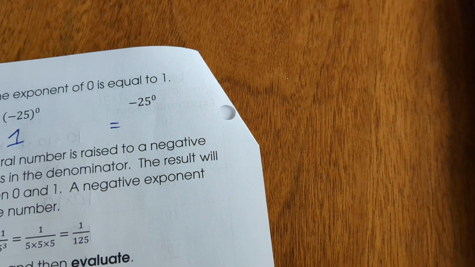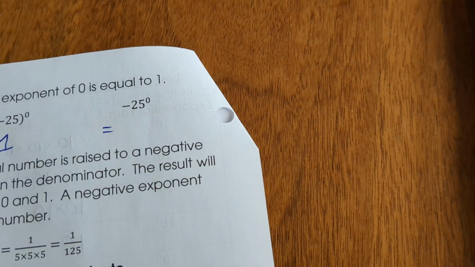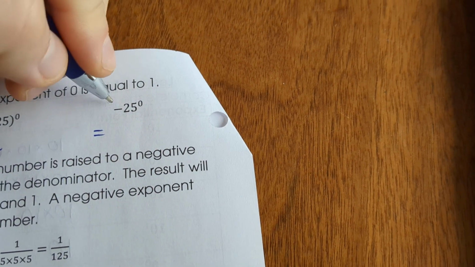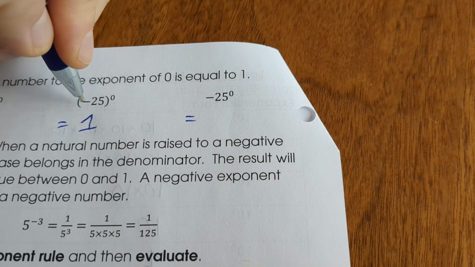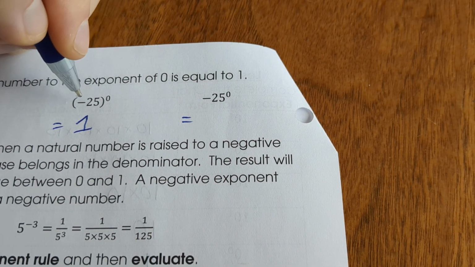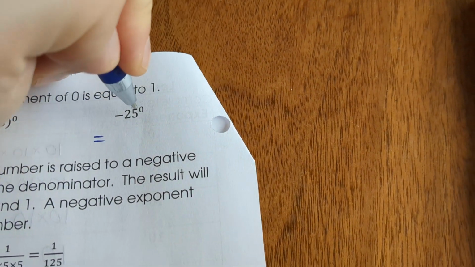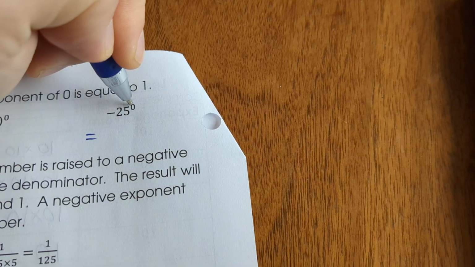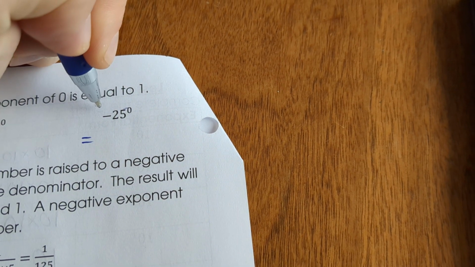And negative 25 to the 0, this is where we have to be careful, okay? In the previous case, the 0 was applying to the entire thing, the whole negative 25, which makes the whole thing 1. Here, because it's not in brackets, you have to think that this 0 is only applying to the 25 and not to the negative.